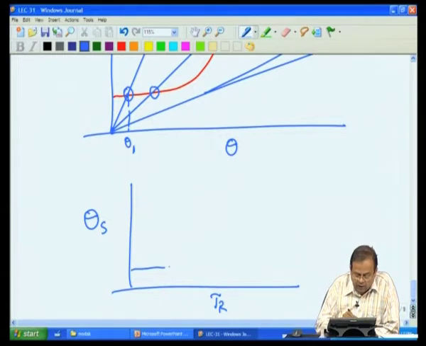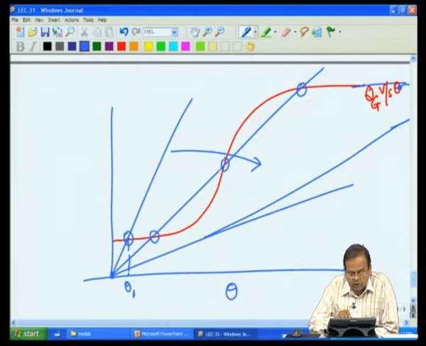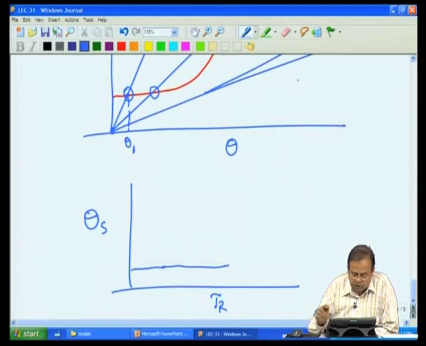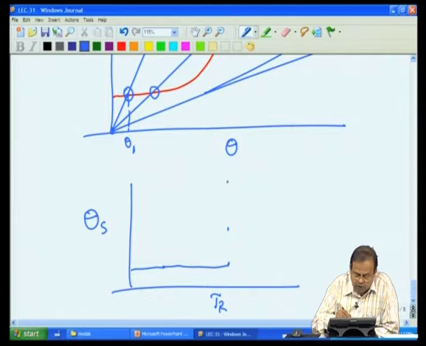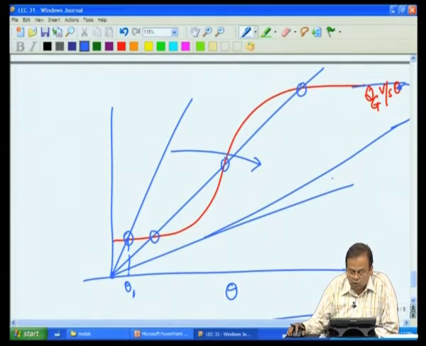As we keep decreasing the value of this slope, or increasing the value of tau r, what are we getting? We are getting 3 different values of steady state. So, this particular point, this point and this point, and we will have a behavior which we saw earlier.